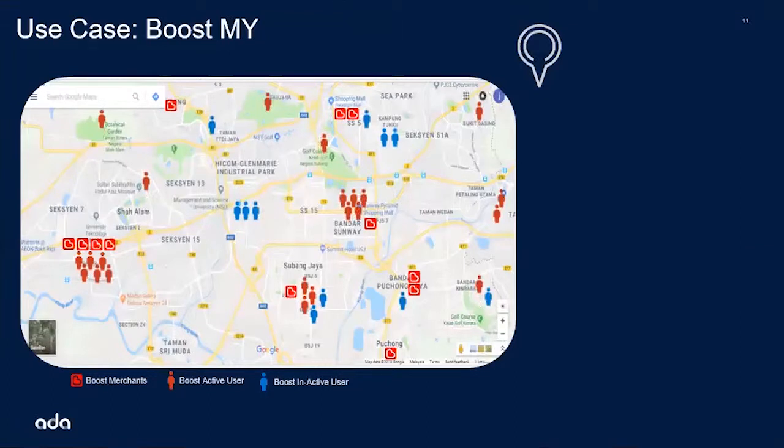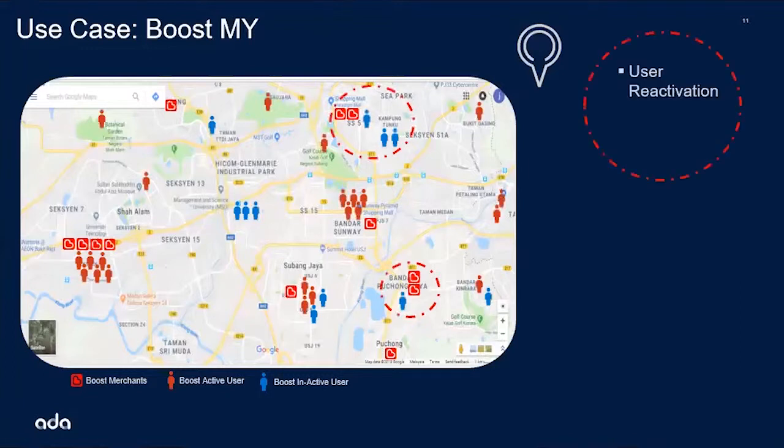Here, we can see certain groups where there are merchants but all non-active users, and maybe not many users but enough merchants. What we can do is user reactivation and also user acquisition. We can get more because we already know there are merchants ready for them to spend with.